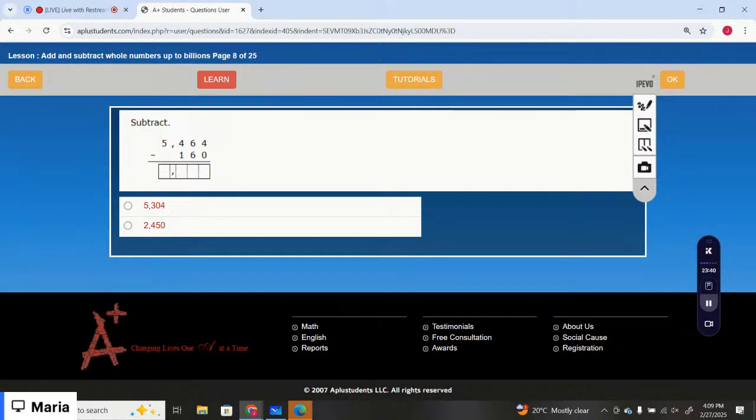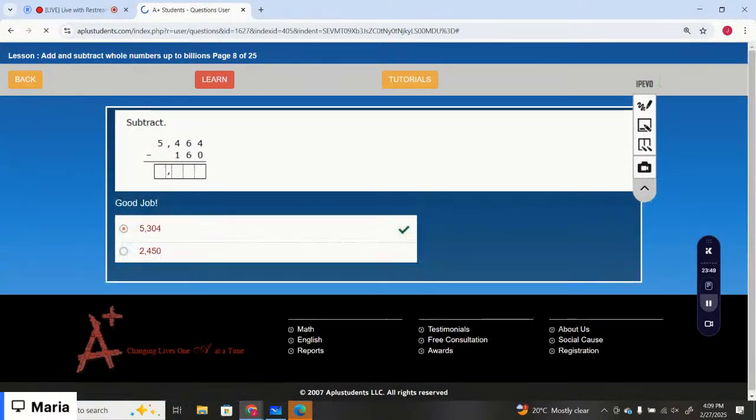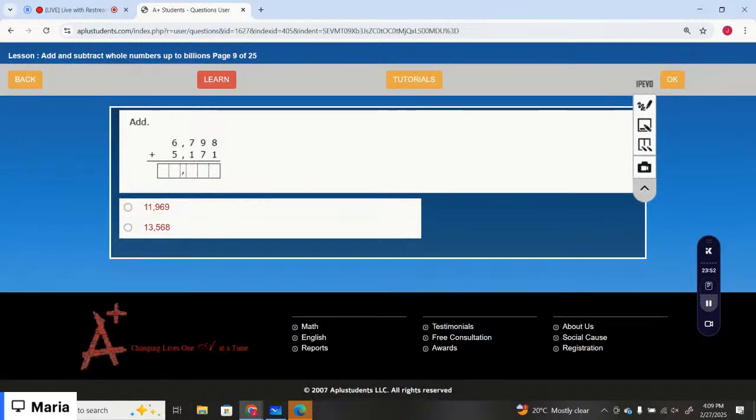Option number 1 is the correct option. Add, which is the correct option? That is add.